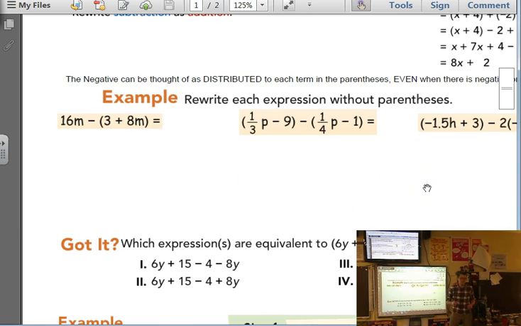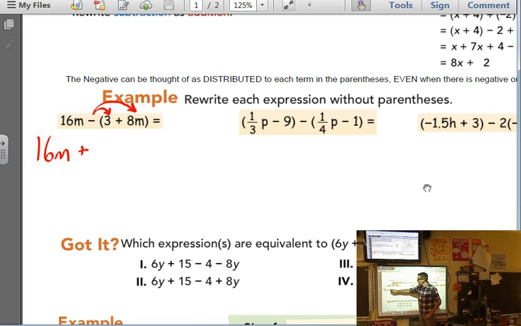First thing I want you to do, draw arrows from your minus into the 3 and into the 8m. This then becomes 16m. Always assume addition. So plus, well, what was the minus, the negative, times 3? -3.